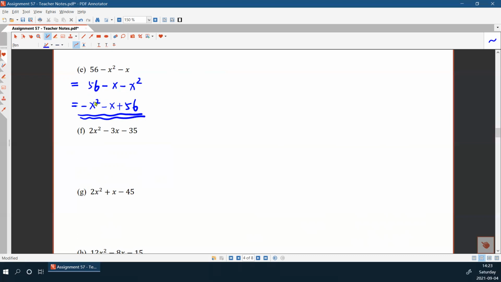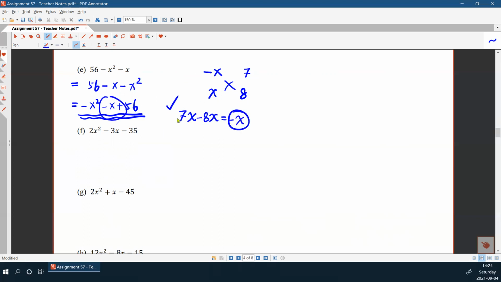Okay, so now we have a minus x squared, right? Minus x squared can be factored to minus x and x. And then we have 56, which can be factored to 7 by 8. So in this way, we will have 7x minus 8x, right? And this is minus x, which is the term in the middle.